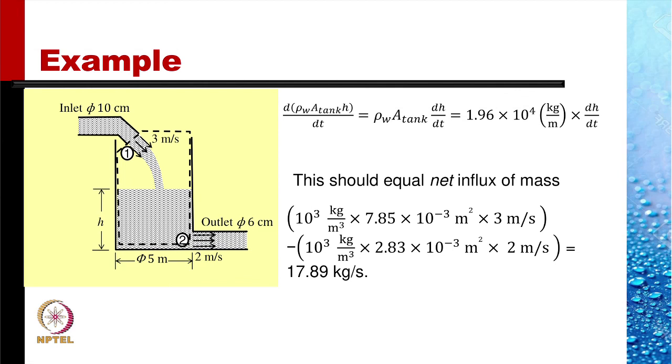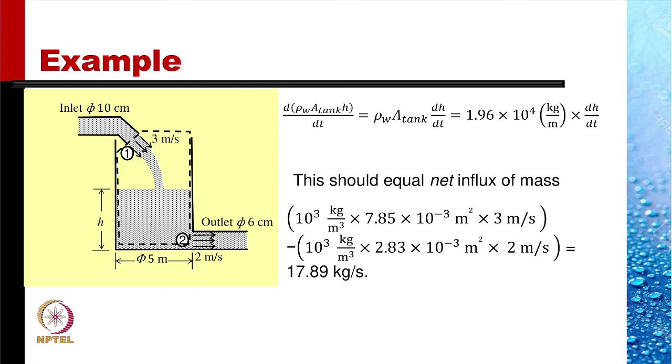At 1, the density into the area, 10 centimeter diameter pipe translates to 7.85 into 10 to the power minus 3 meter square, into velocity, which is 3 meters per second, minus the efflux at 2, which is density times the area, 6 centimeter diameter, times the velocity, which is 2 meters per second there.